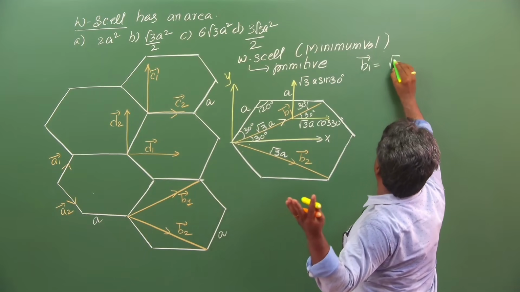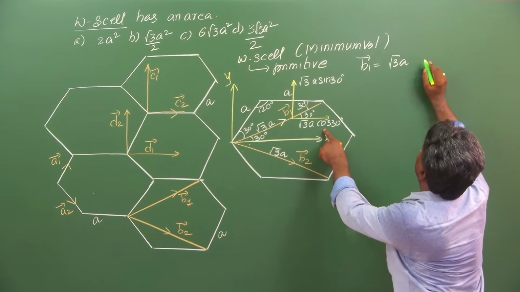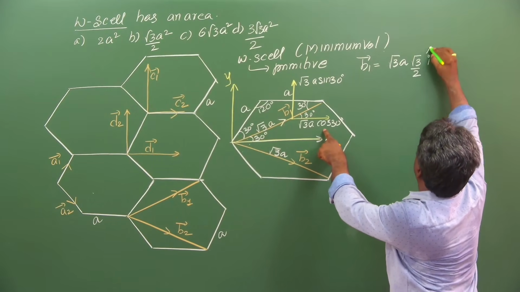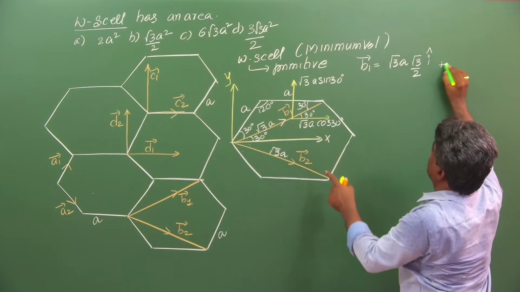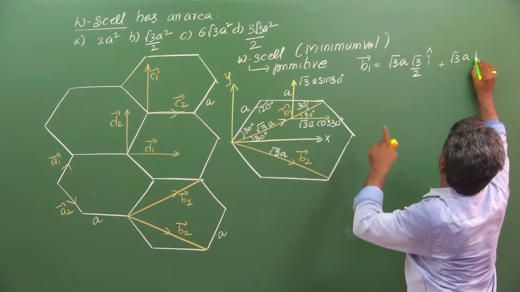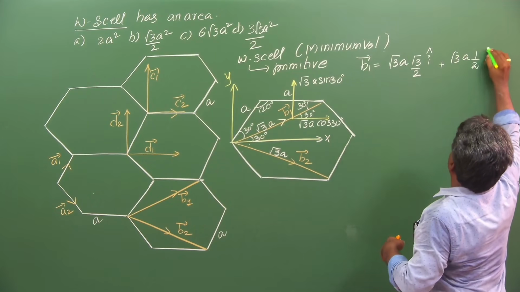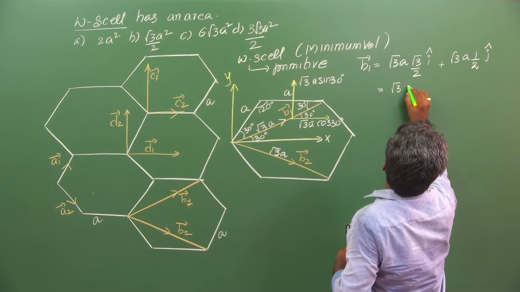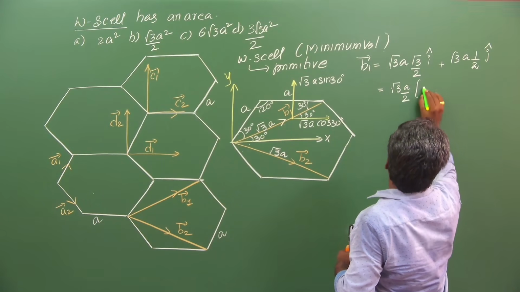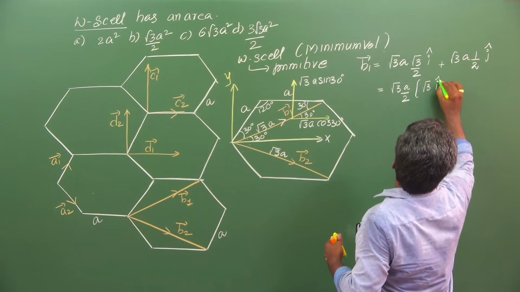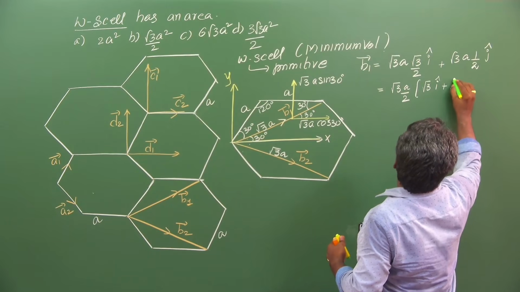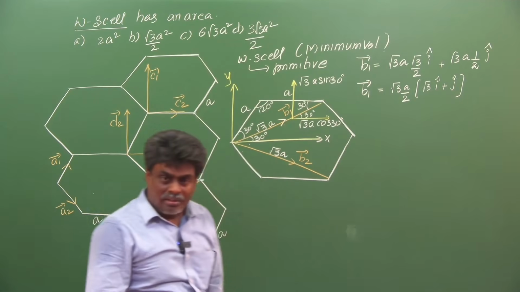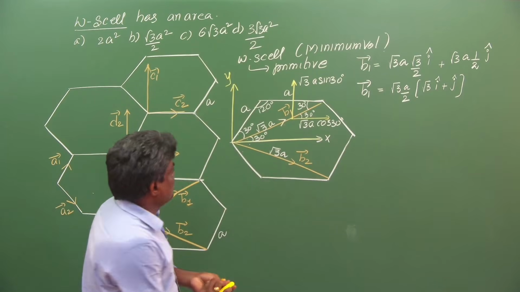So now I am writing my B1 vector. B1 vector is equal to root 3A cos 30, that is root 3 by 2 i cap, plus root 3A sin 30 j cap. I think this can be written as root 3A by 2 common, root 3 i cap plus j cap. This is my B1 bar. Now let us write B2 bar, quite similar to that. Very easy.